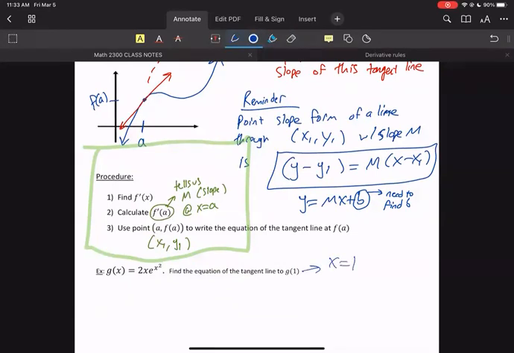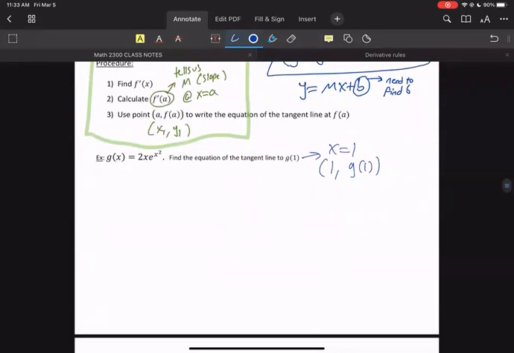Because it's g of 1. And then you use the point 1 comma g of 1 to write the equation of a line. And I would just use the easy version of that equation, y minus y1 equals slope times x minus x1.